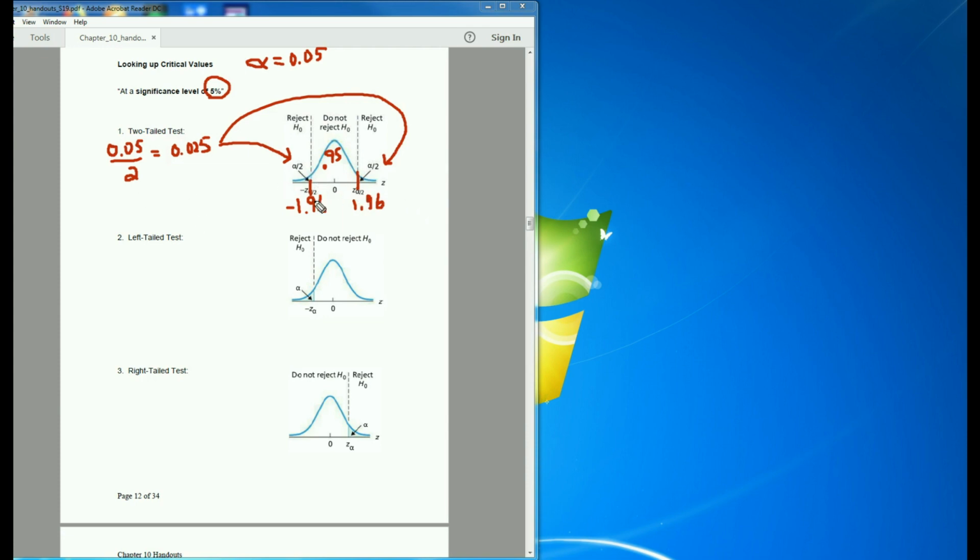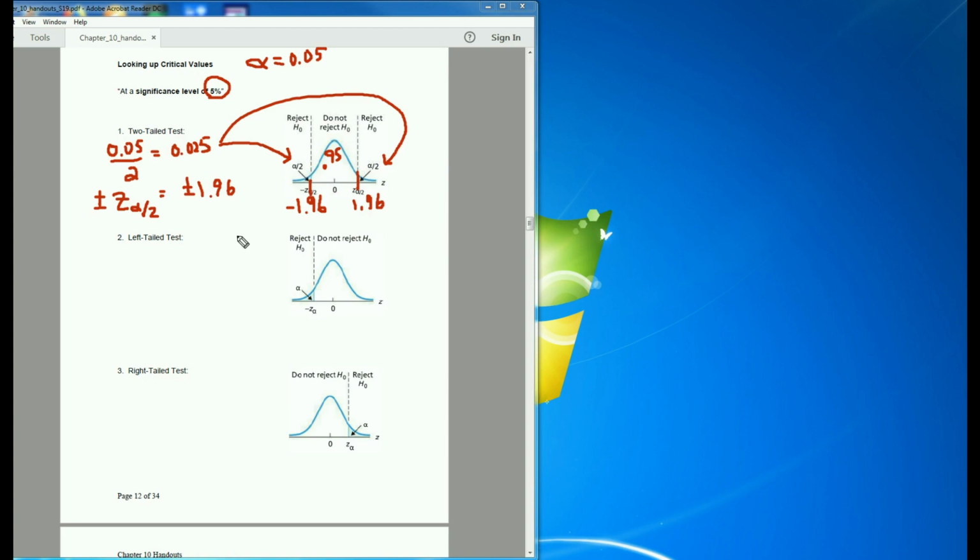So in this case, these are both the critical values. So we would say plus or minus z sub alpha divided by 2 is equal to plus or minus 1.96. Those are both the critical values for a two-tailed test at a significance level of 5%.